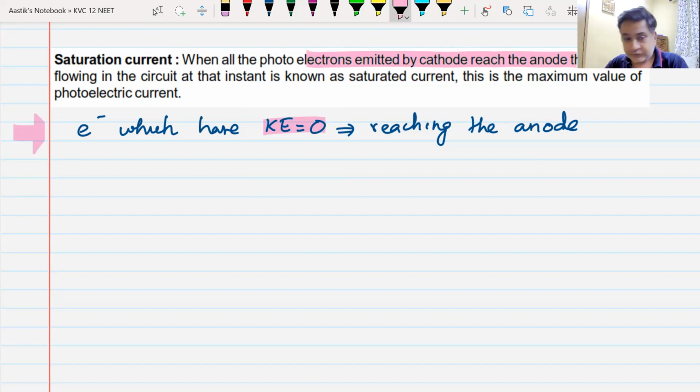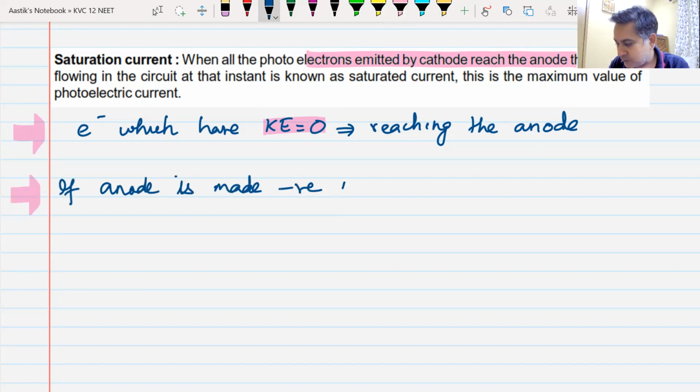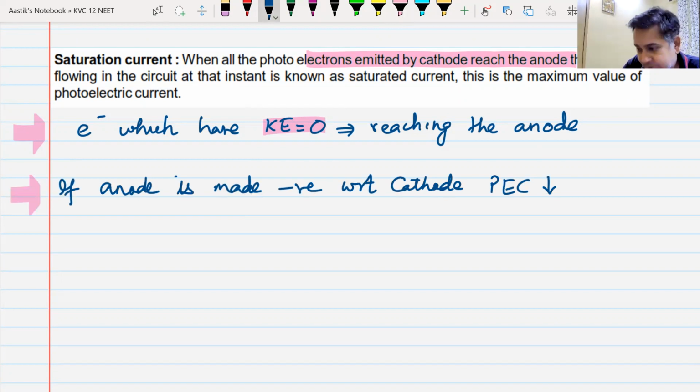Now, what are we going to do next? If the anode is made negative with respect to the cathode, what will happen? If I make it negative, the photoelectric current will start to reduce. Yes or no?